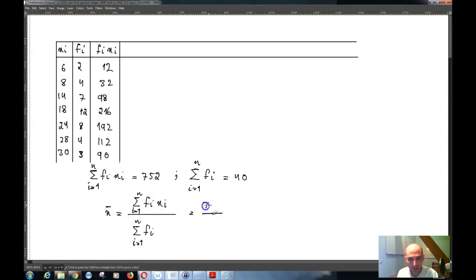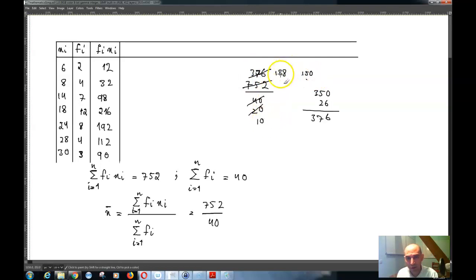Now if you divide these two, your x bar is going to be equal to 752 divided by 40. Divide by 2, that's 376 over 20. Again, divide by 2, you'll get 188 over 10.